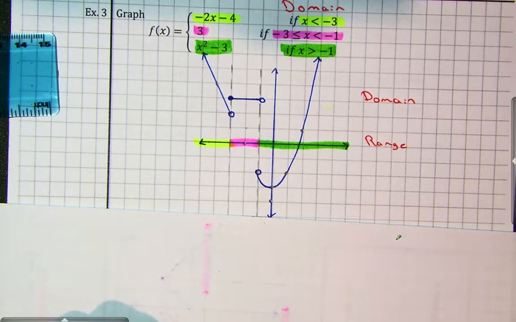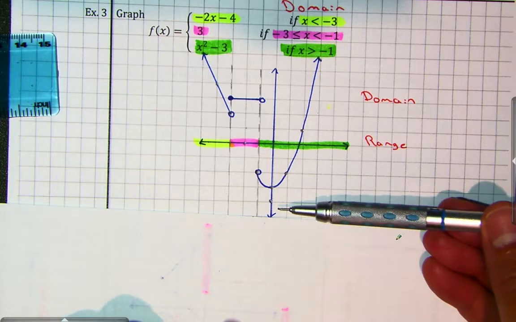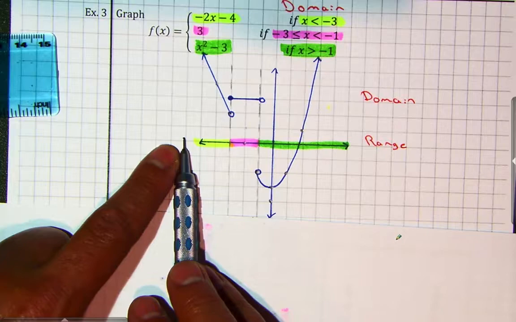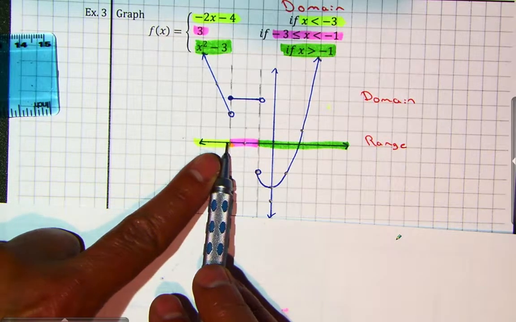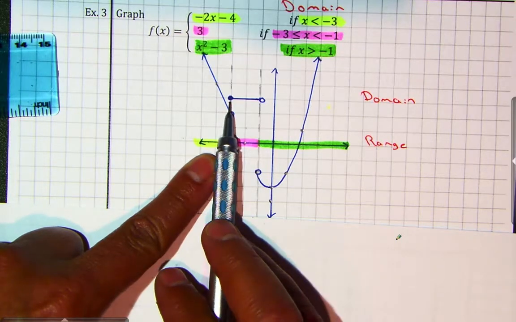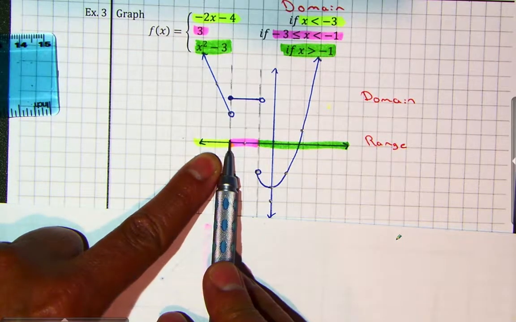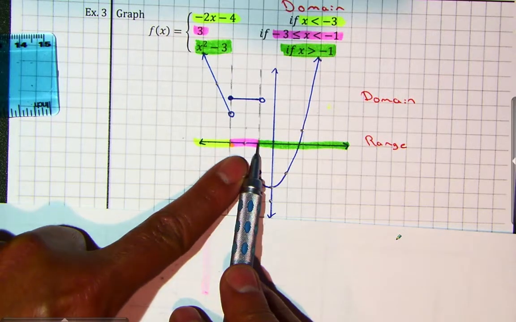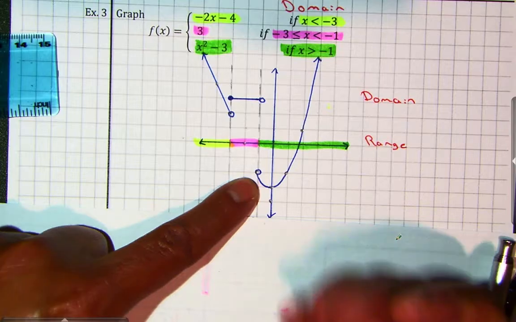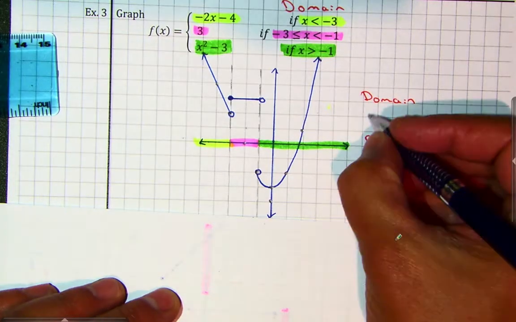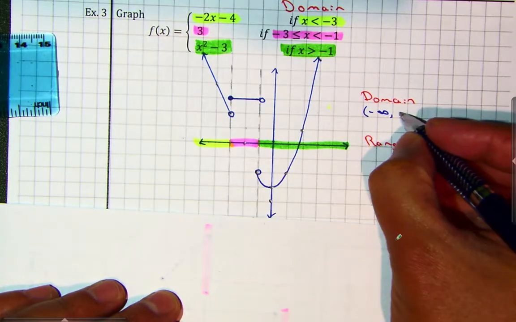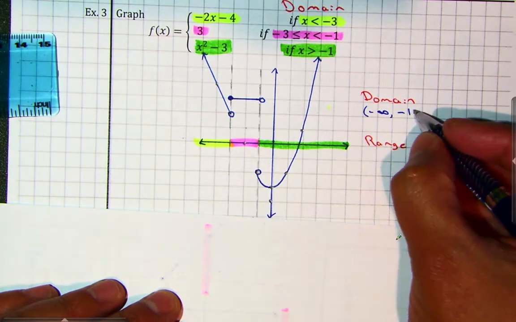So my domain, what values can I plug in or do I get back for my x? For my x, I can plug in any values. In here, there's a gap, but it gets covered here. So -3 is fine. But at -1, there's a gap here and a gap here. So therefore, we are going to have to take two parts. The first one will be from -infinity all the way up to -1, and it does not include -1.